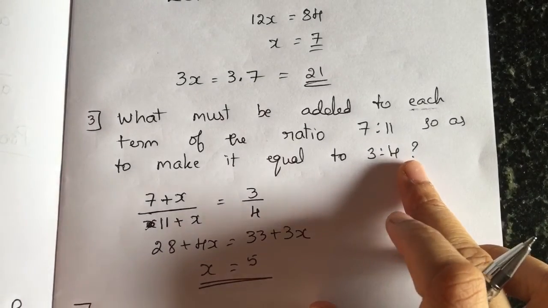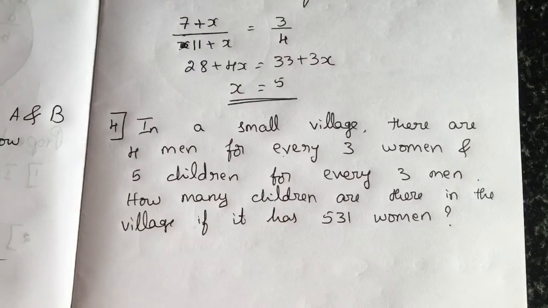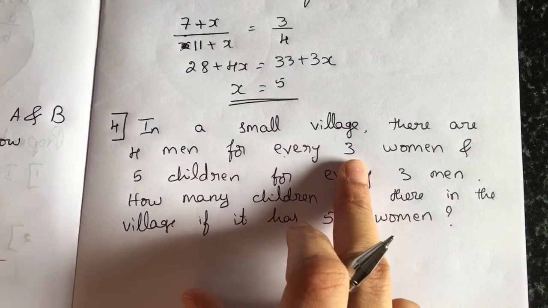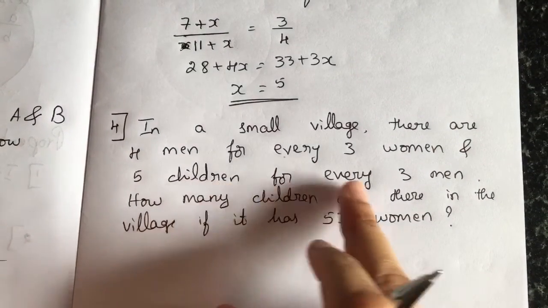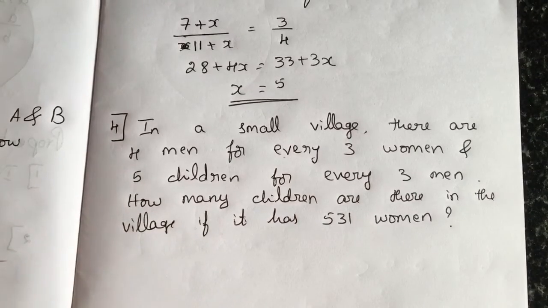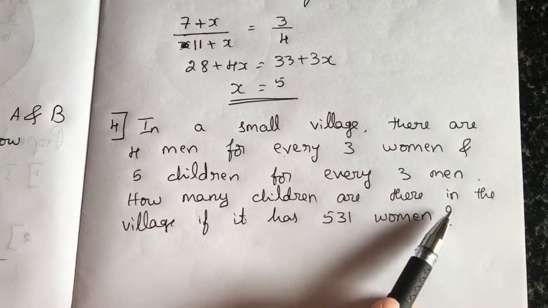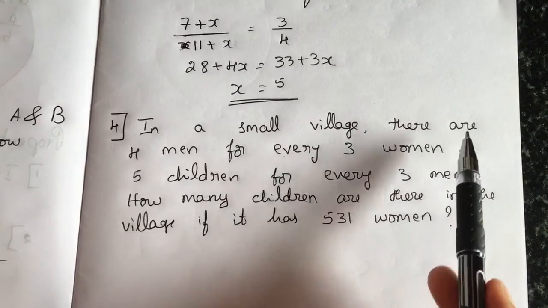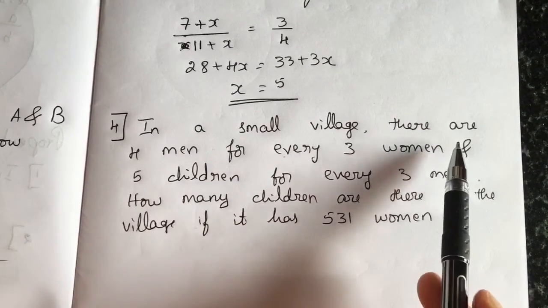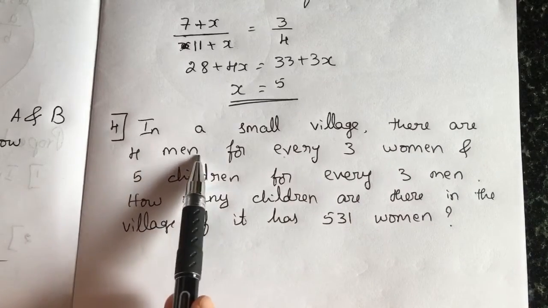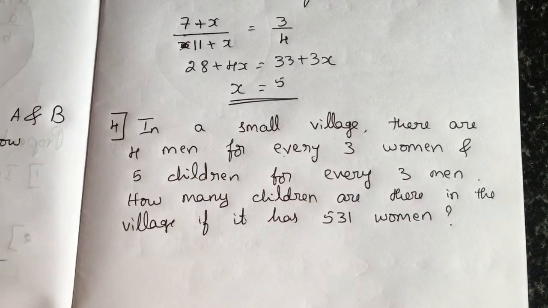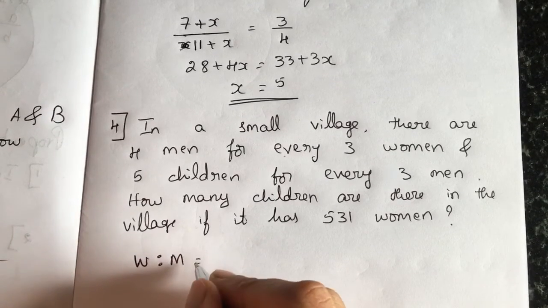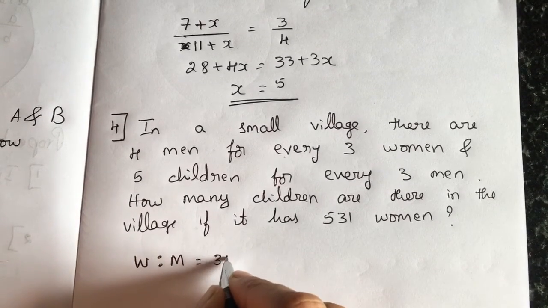To get the ratio equal to 3:4. In a small village, there are 4 men for every 3 women and 5 children for every 3 men. How many children are there in the village if it has 531 women? So for the first statement, we'll write it as a ratio. There are 4 men for every 3 women, so women to men is 3 is to 4.